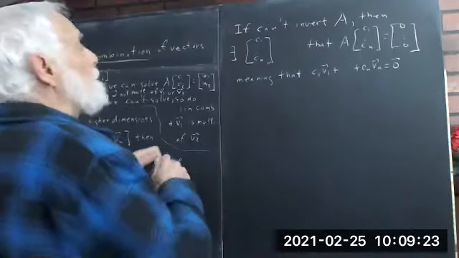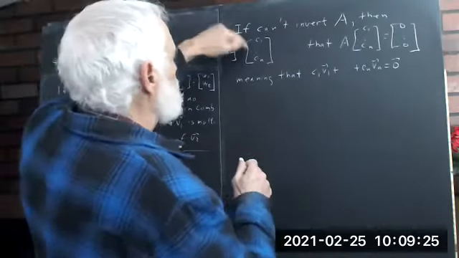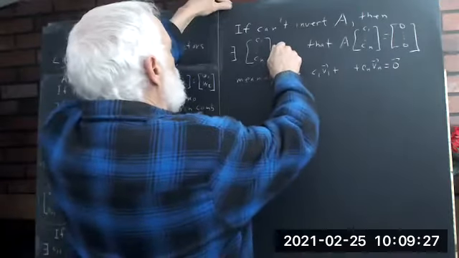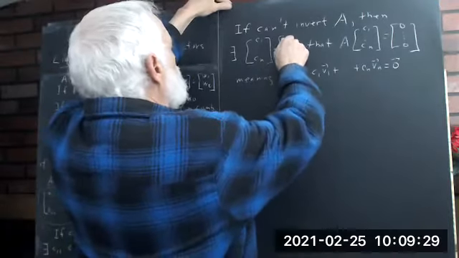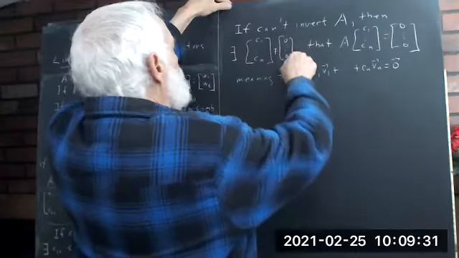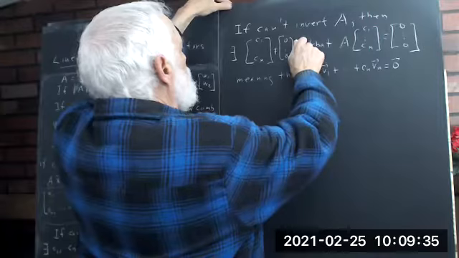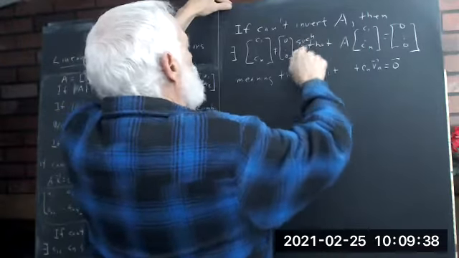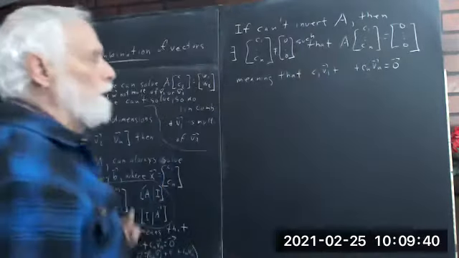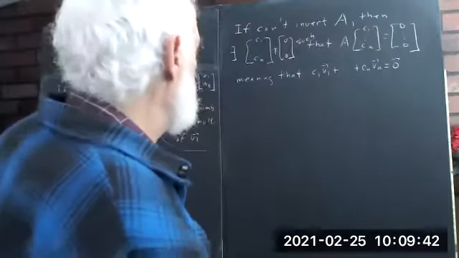Okay, so there exists a C1 through Cn not equal to the 0 vector such that A times C1 through Cn equals a 0 vector.